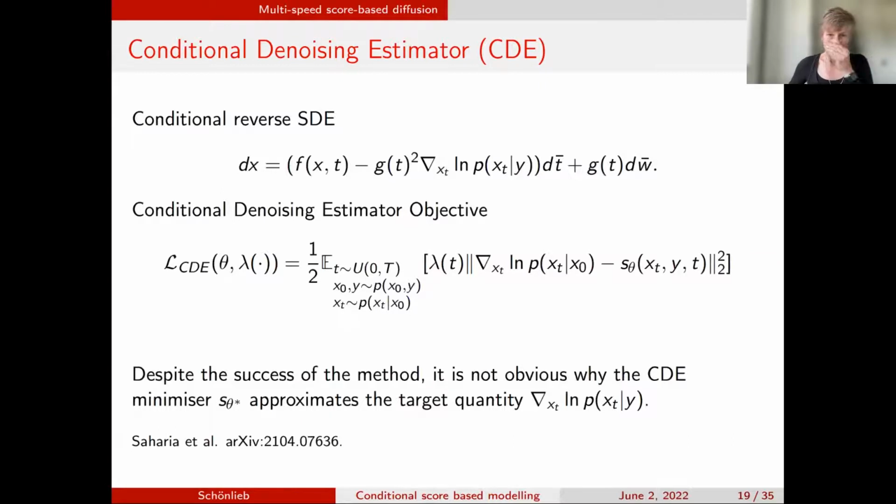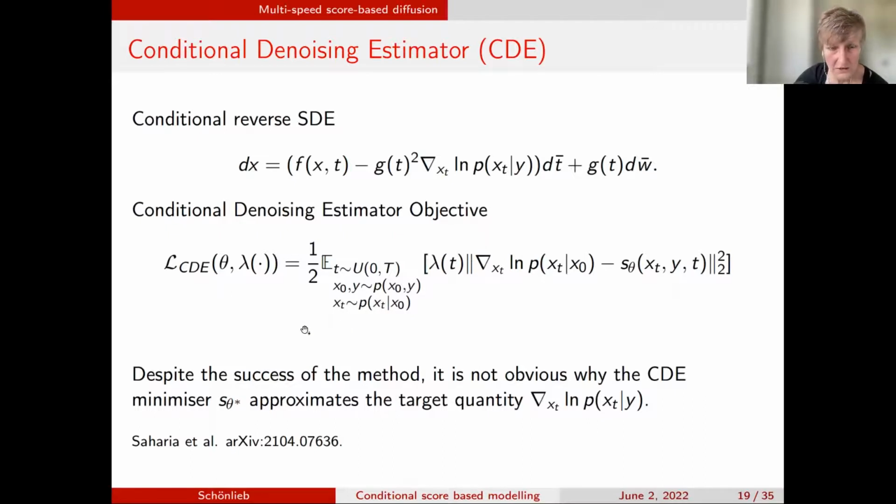Now, here the idea is, and you will see in a moment why I haven't started with this, that again you want to do conditional image generation by the conditional reverse SDE. But they are learning the score in a slightly, well, actually quite different way that is not, I think, totally obvious why it works.